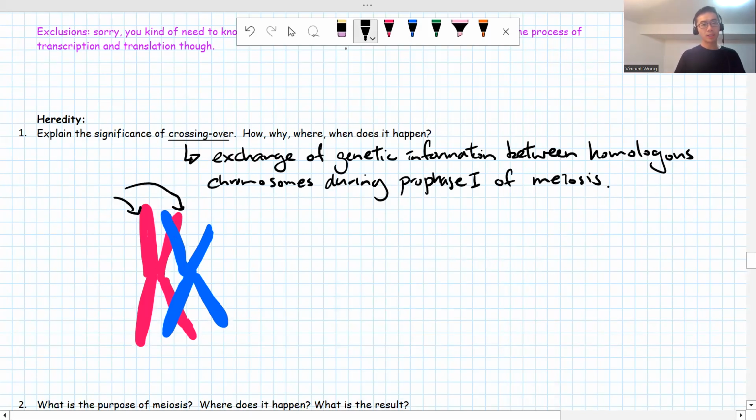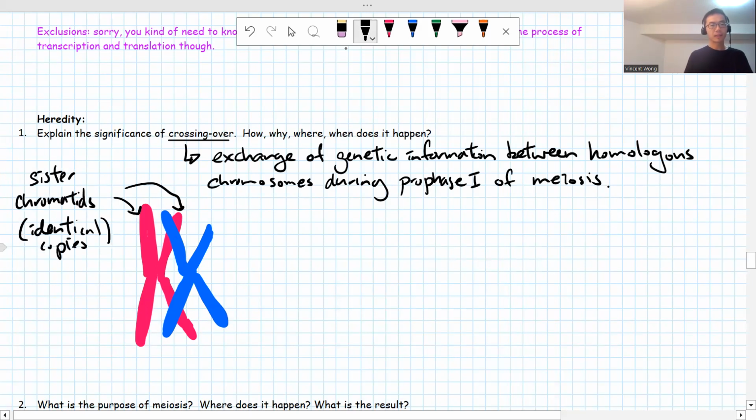These two are sister chromatids. They are identical copies. There is no point of doing crossing over between the sister chromatids because they are exactly the same. If you swap them, it will look the same afterwards. So this here is called a tetrad.